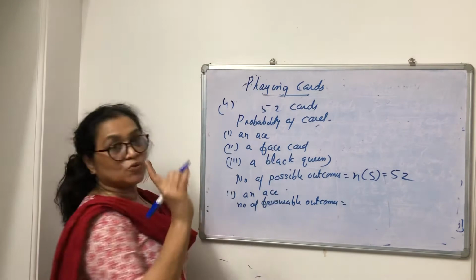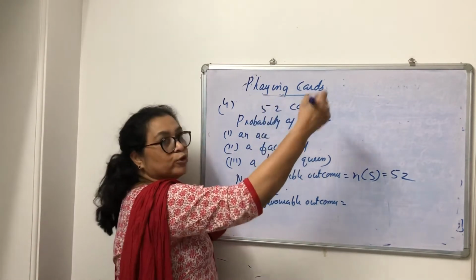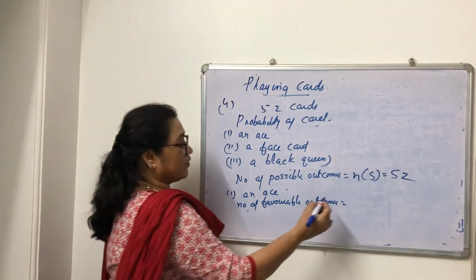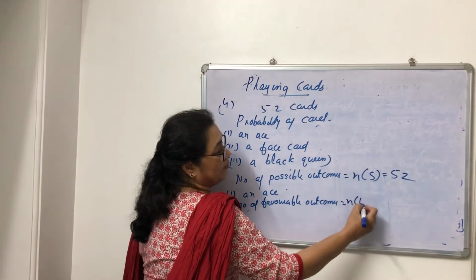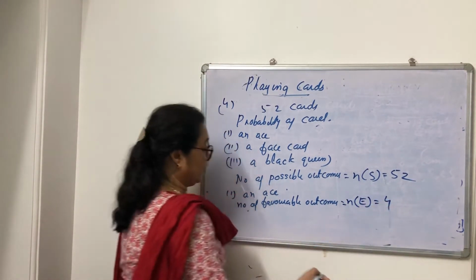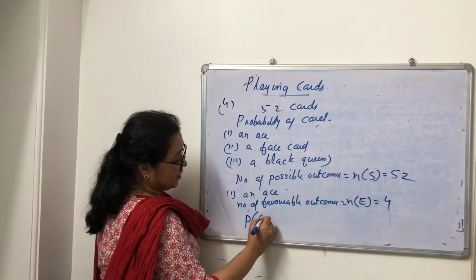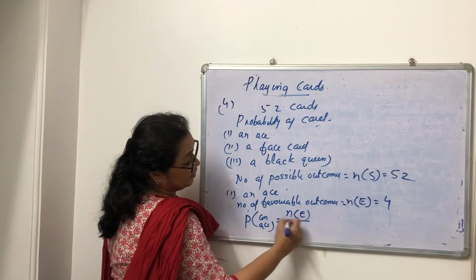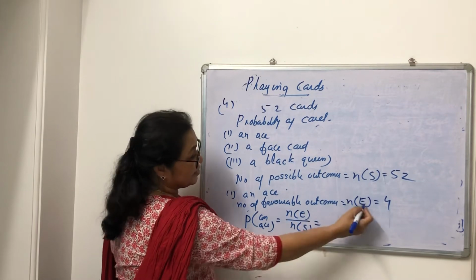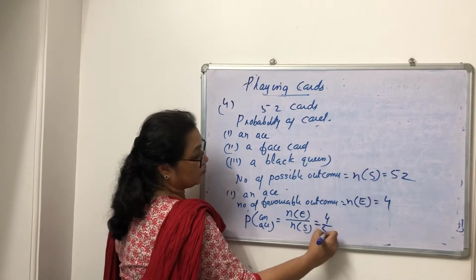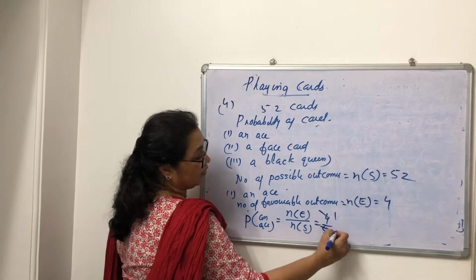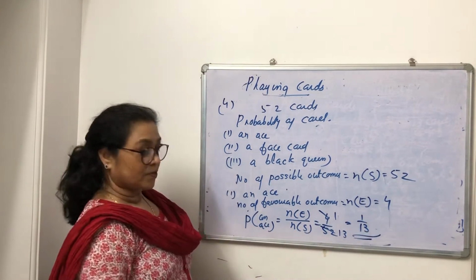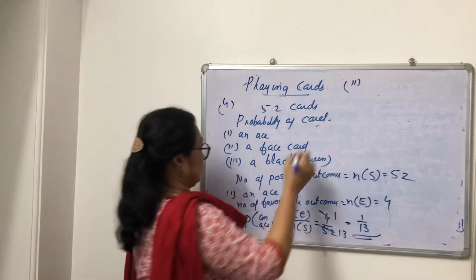How many times you get an ace? There are 4 suits, each suit has 1. So the number of favorable outcomes is 4. Then P(an ace) equals n(E) by n(S). n(E) is 4, n(S) is 52, that is 1 by 13.